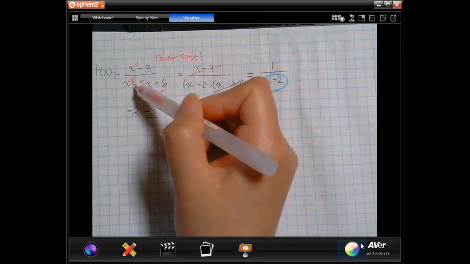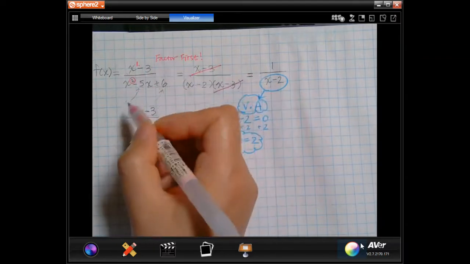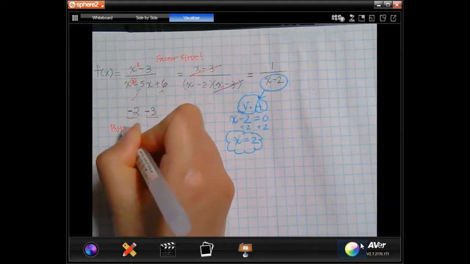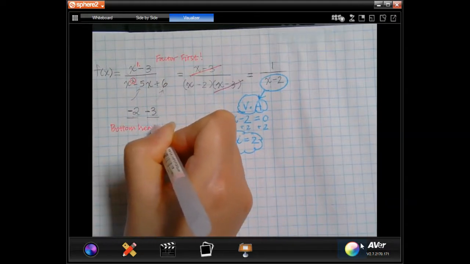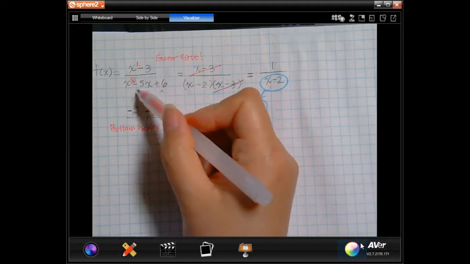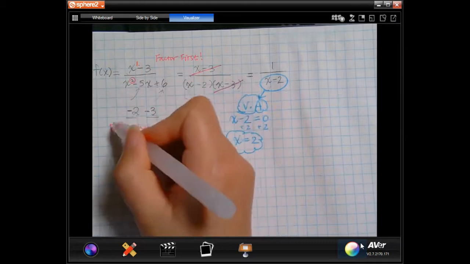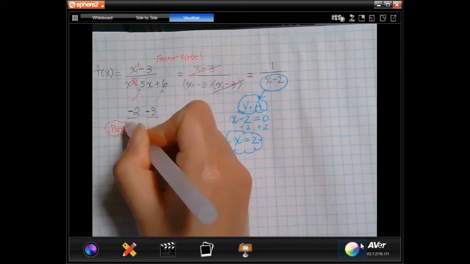Then this determines this whole fractional expression as bottom heavy. Literally, the degree on the bottom is greater than the degree on the top, so we just call it bottom heavy.